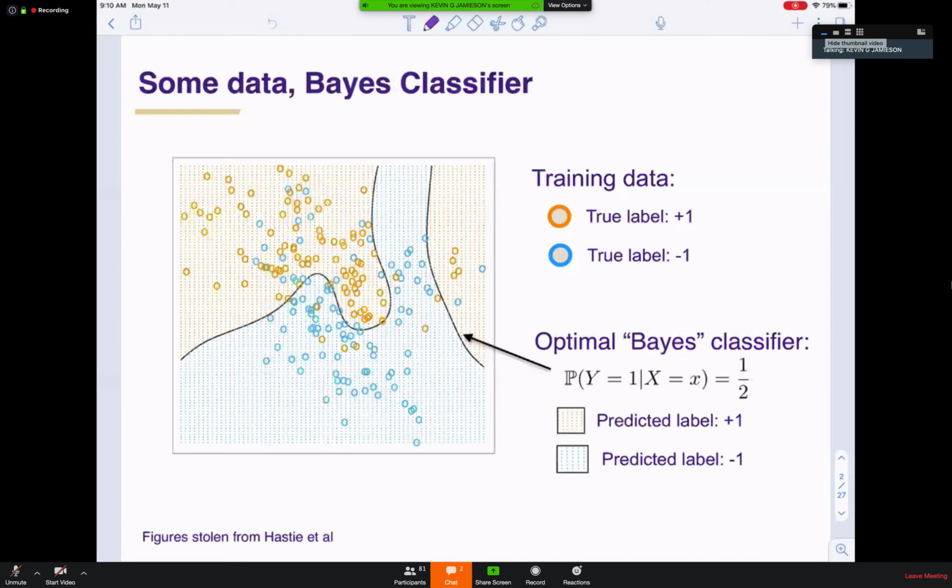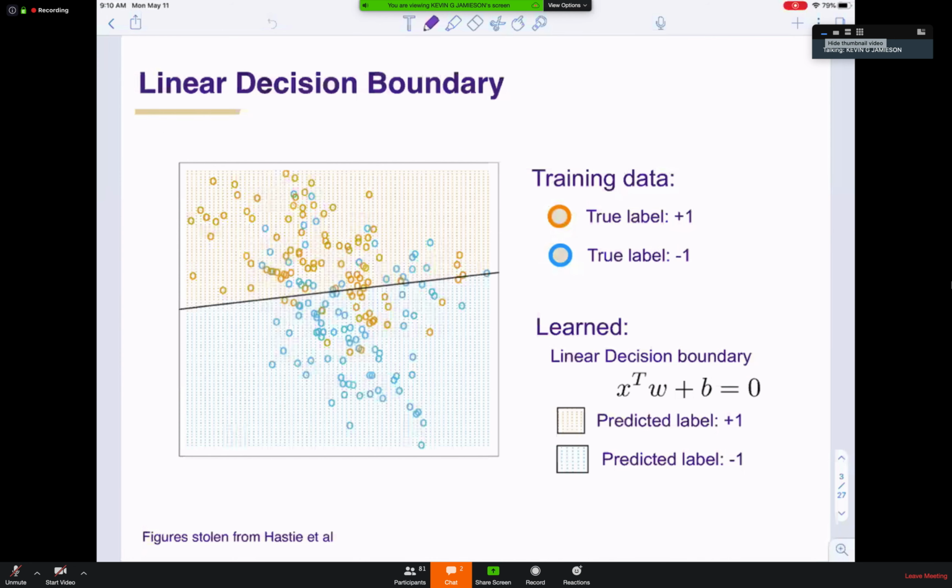The Bayes classifier looks very wiggly. It's making its way around all the data, doing a pretty good job with very few misclassifications. But with the linear classification, it looks like we're really screwing up on some data. These points here should clearly be labeled as +1, but they're being misclassified, and same thing for here.